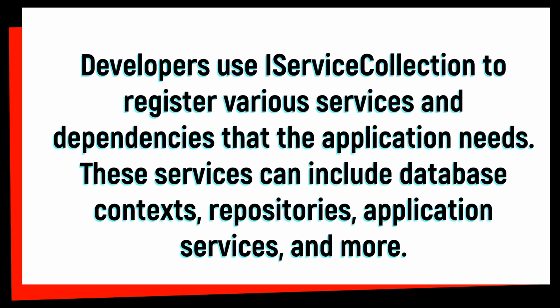Developers use IServiceCollection to register various services and dependencies that the application needs. These services can include database context, repositories, application services, and more, which we register to the container for dependency injection.